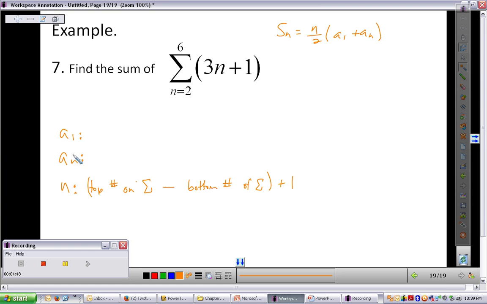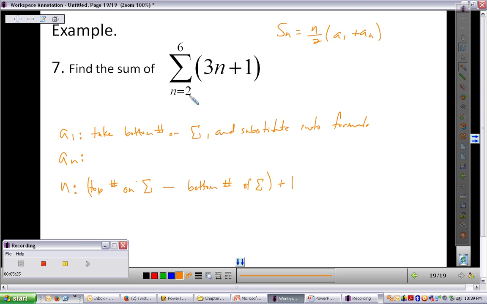To find a sub 1, I'm going to take the bottom number on the sigma, sorry about that, and plug it into the formula. So substitute into the formula.